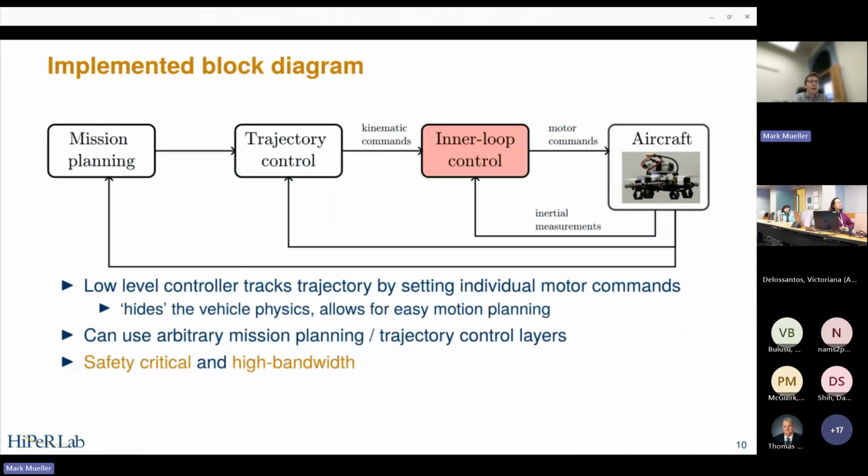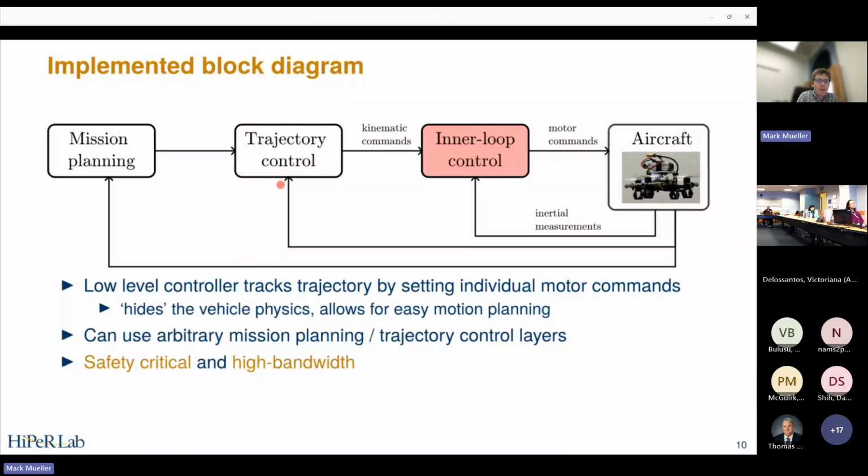What this looks like for us is we have our aircraft. The aircraft accepts motor commands and generates sensor data. We are implementing the learning control at this inner loop. The inner loop control accepts kinematic commands, things like angular velocities, and it accepts inertial measurements, accelerometer and rate gyro data, and it generates the motor command. This is the level of control for which we will be designing the learning controller.